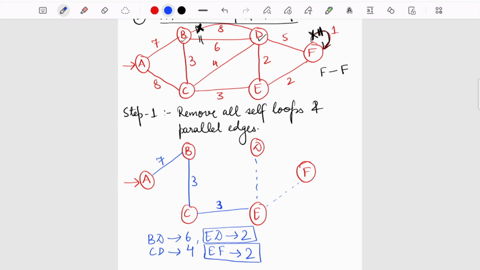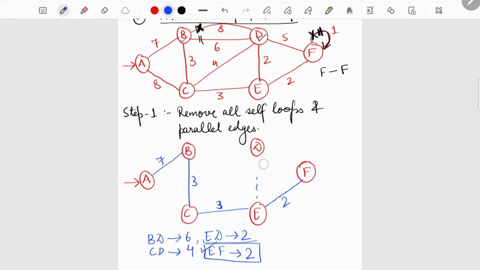Either you can select ED or you can select EF. Both are going to be correct. Now say for example, I am selecting EF. So I am going to draw EF with edge weight 2.